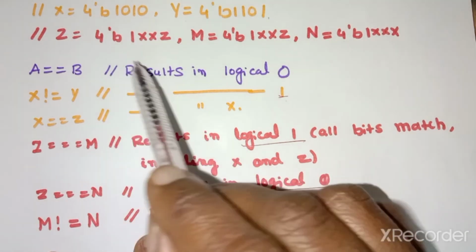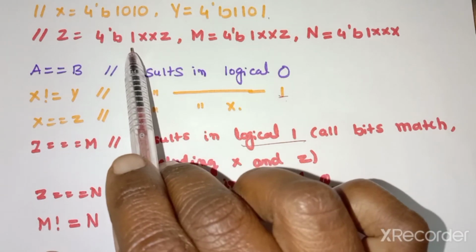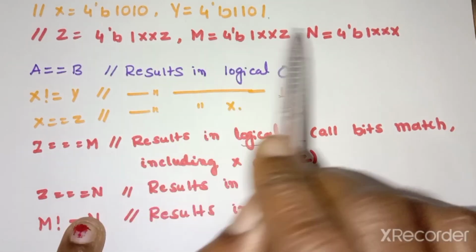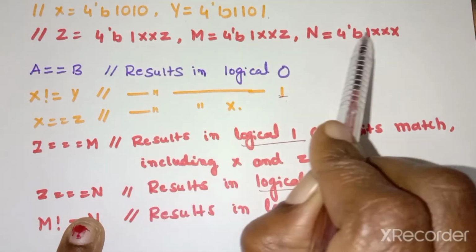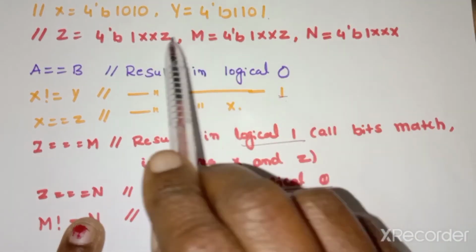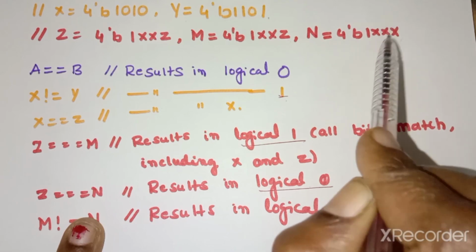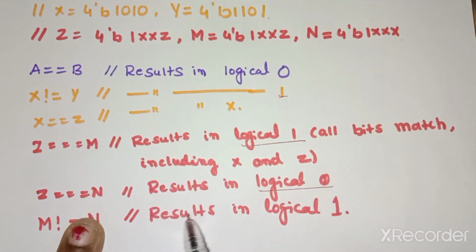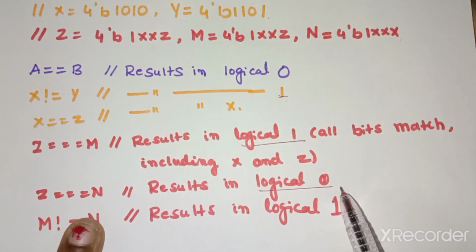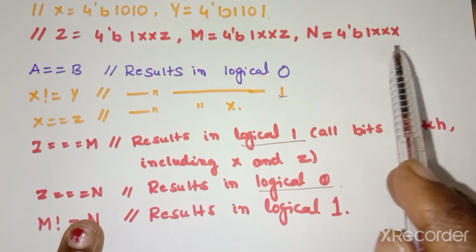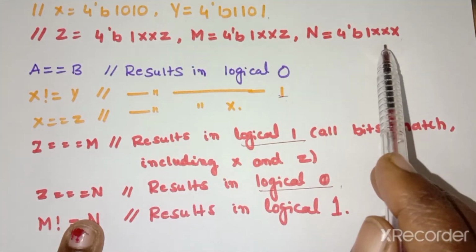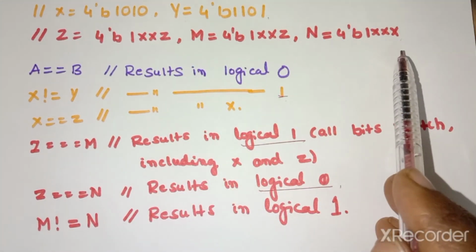If anyone has confusion, just compare this one, z and n. This one same, this x same, x same, z and x are different, so this is false. Then it is going to display the logical 0. Okay, what happens in the case equality operator? It is checking bit by bit, that too including x and the z. That you have to remember.